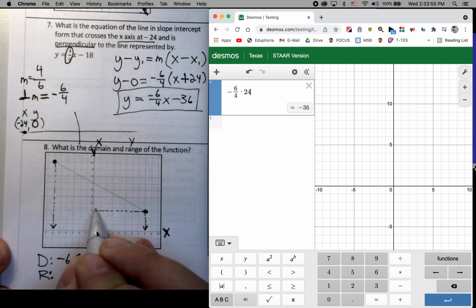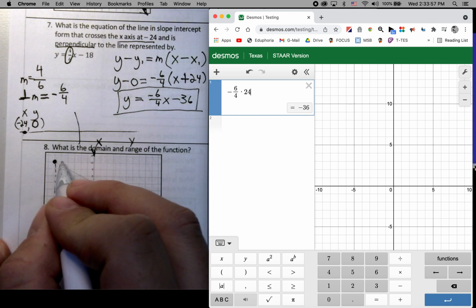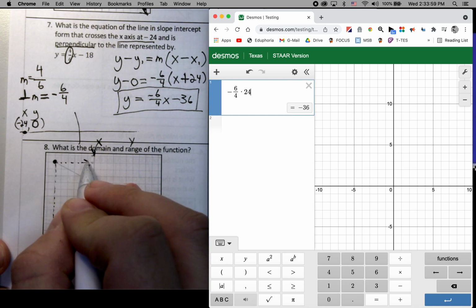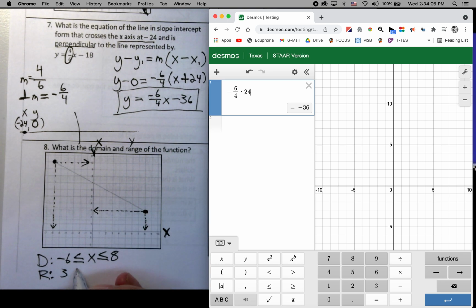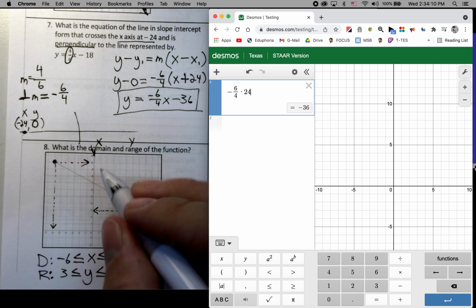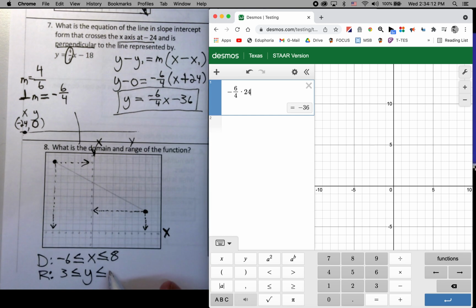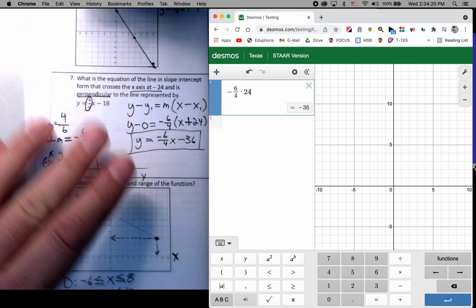This is the lowest y point, and this is the highest y point. The lowest y point looks like +3, and it's still on that closed circle. So I'm saying 3 is less than or equal to y, which is less than or equal to all the way up to here, which is +10. And that's it. Okay? All right, I'm going to turn the page and do number 9, excuse me.